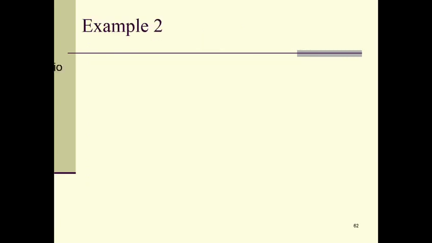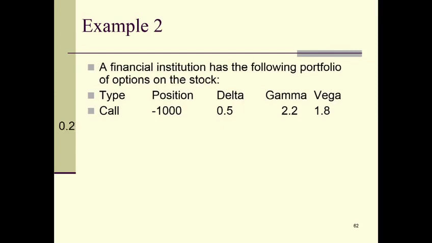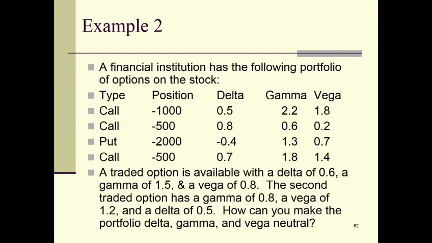Okay, if not, we move on to another more interesting example. Okay, so I want you to pay close attention to this example. Again, the calculation is simple, but I want you to pay close attention because you need to know where the numbers come from. Okay, because this is a little bit more complicated compared to your delta hedging.